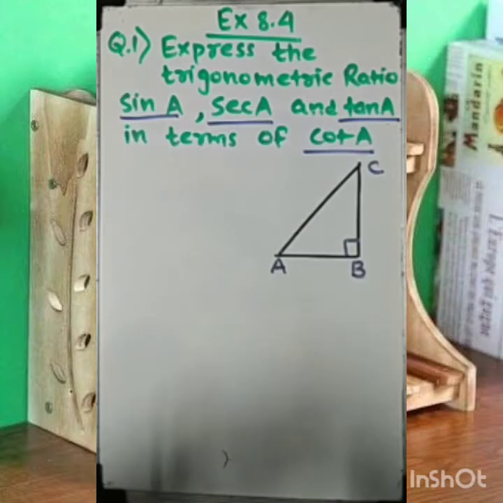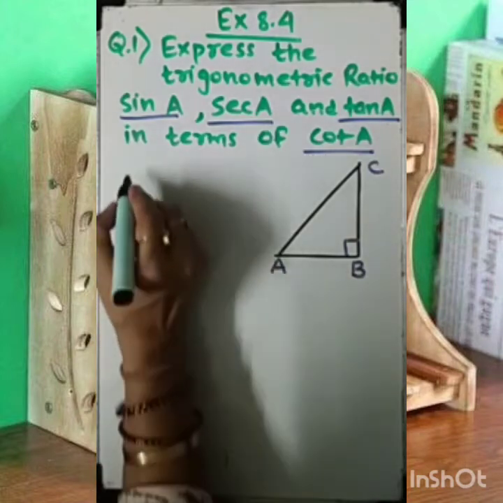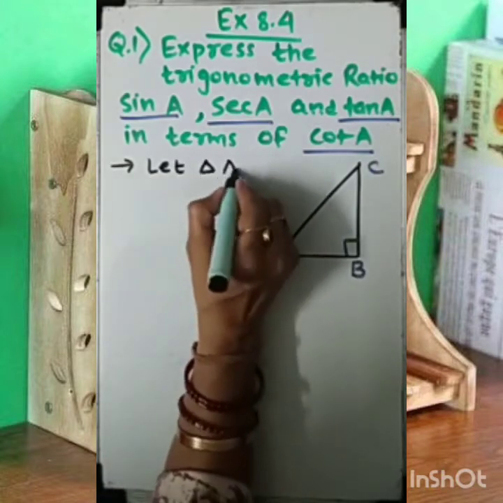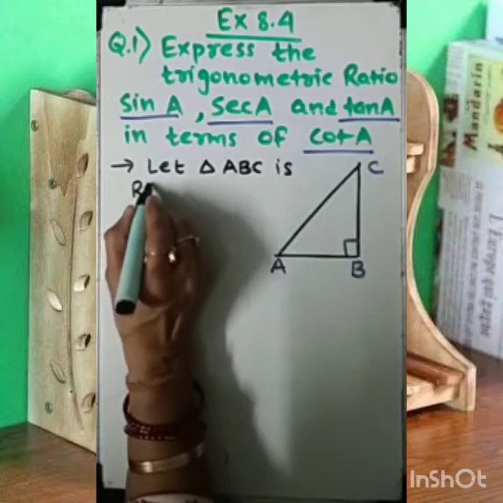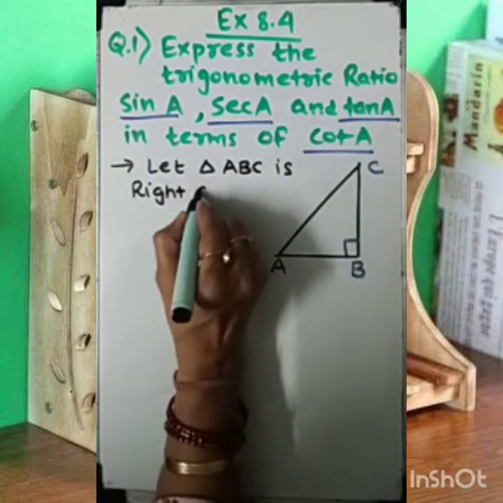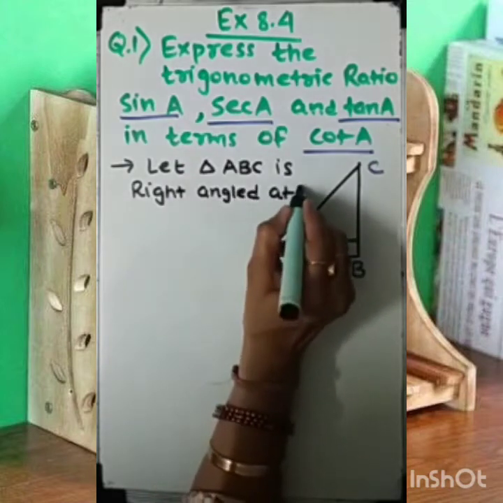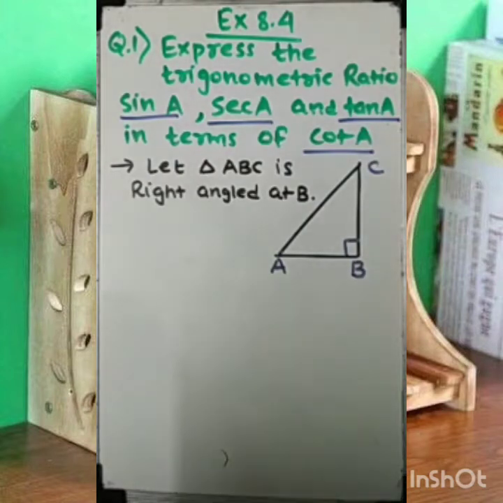In the beginning we are assuming, so we need to mention here, let triangle ABC be right angled at B, means angle B equals 90 degrees.